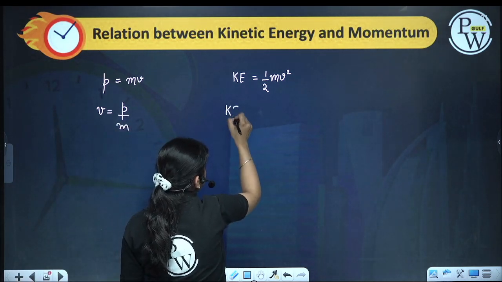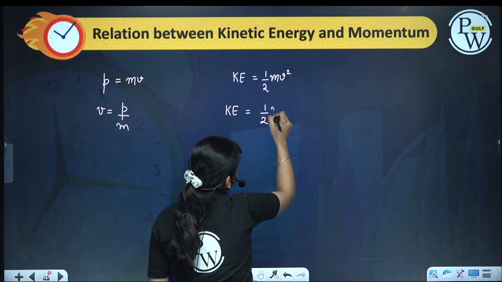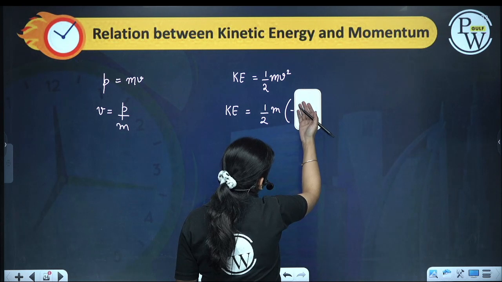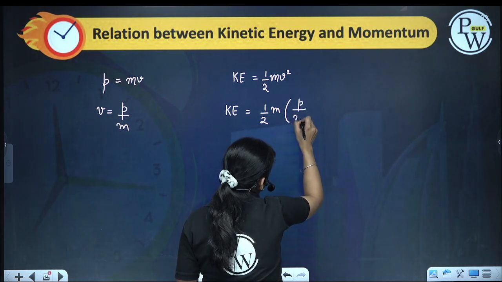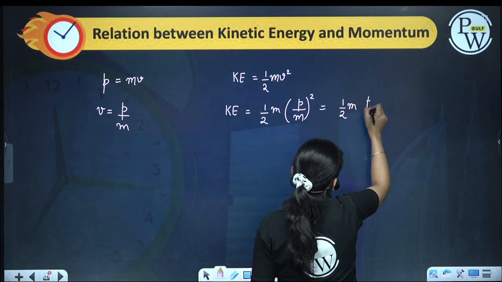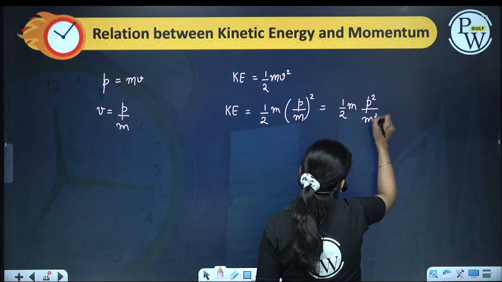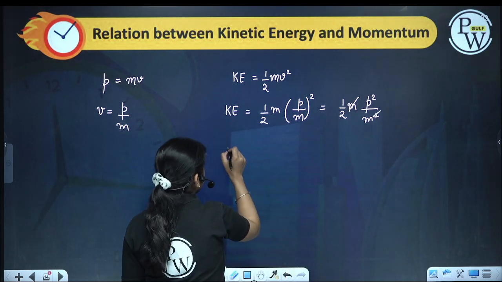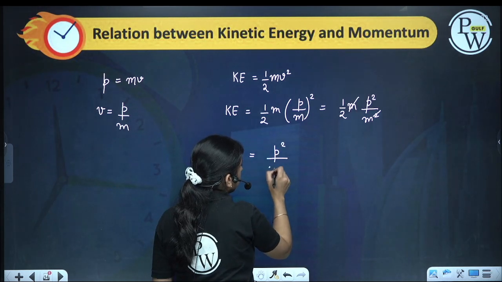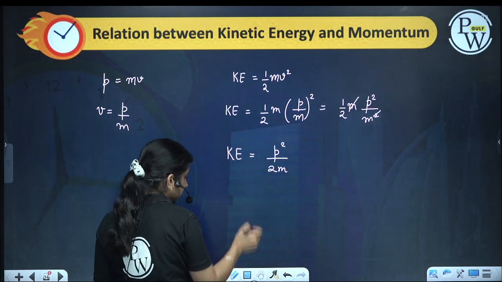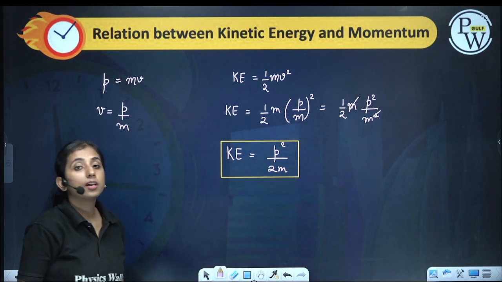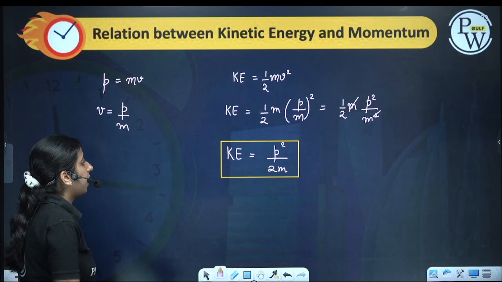Substitute in this expression, it will become half m into (P by m) whole squared, so half m into P squared by m squared. m and m get cancelled out, so it will become P squared by 2m. This is the relation between kinetic energy and momentum.